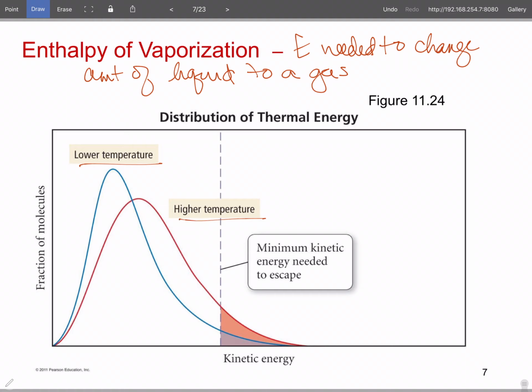It doesn't matter how low the temperature is, you're always going to have a few molecules with enough energy to evaporate, but at higher temperatures you have a much greater number that have the minimum kinetic energy to escape. This is why if you hang a wet towel on the line outside in the summer, it dries very quickly. In the winter, it's still going to dry. It just takes a whole lot longer because you need a lot more energy to accomplish the same.